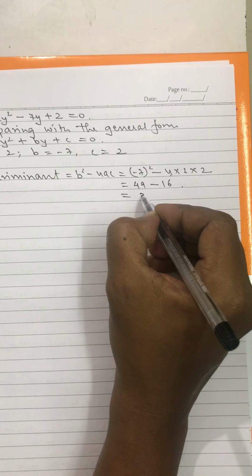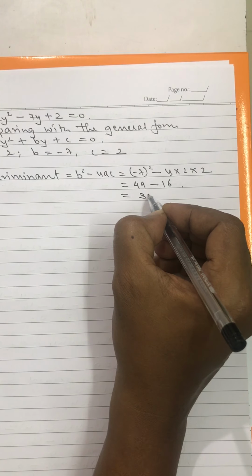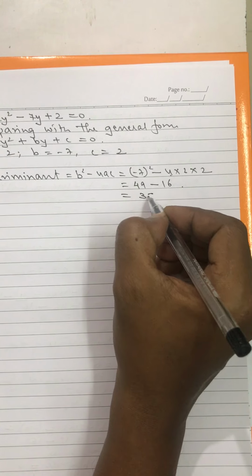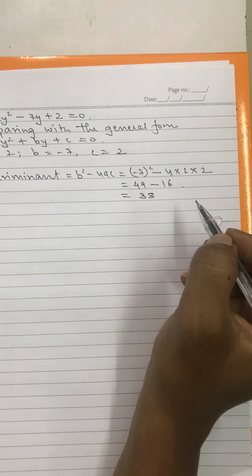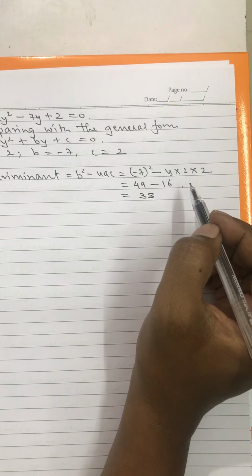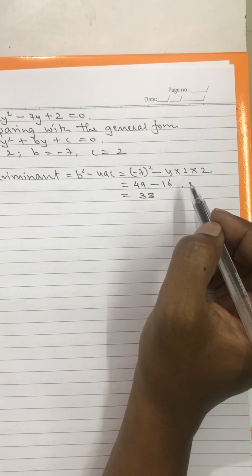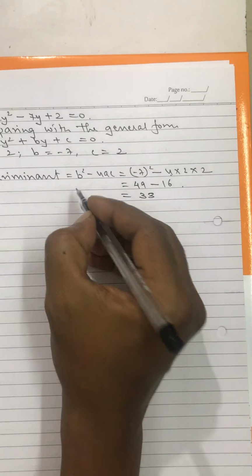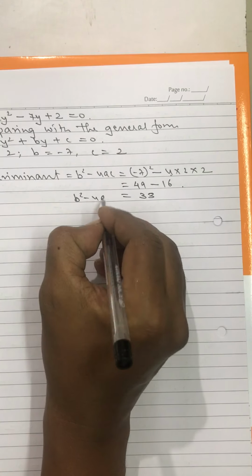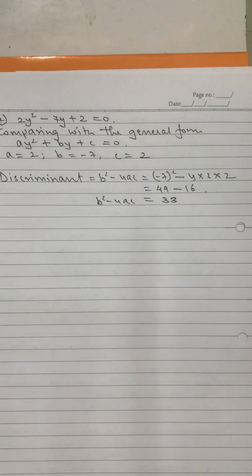This will give you 33. Fine. So you will get b² − 4ac is equal to 33.